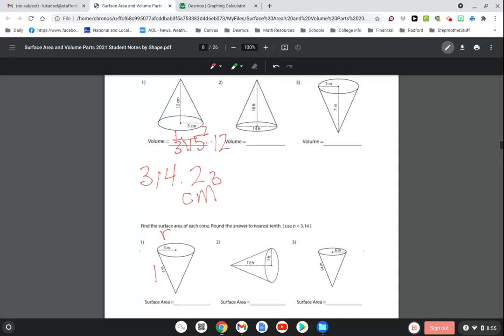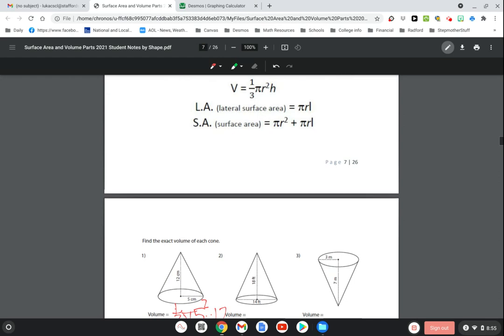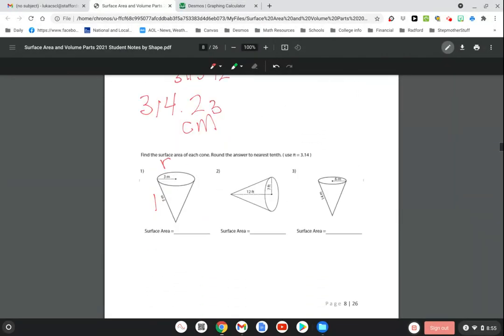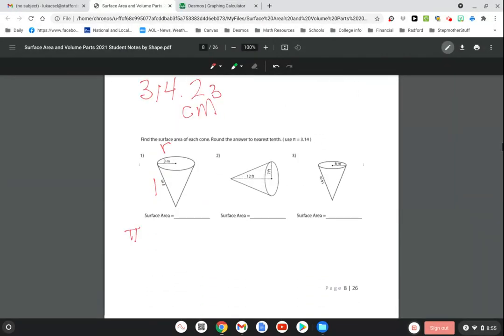And let's go grab our surface area, pi r squared plus pi r L. So we'll have the r squared is 3 squared. And our L is 7. So what's going to happen here, I'm going to hit my highlighter. This is going to be your lateral area, and both of these added together will be your surface area.